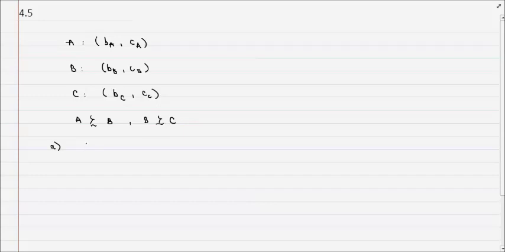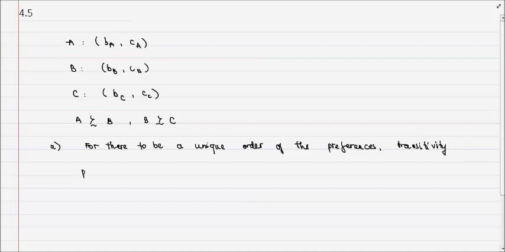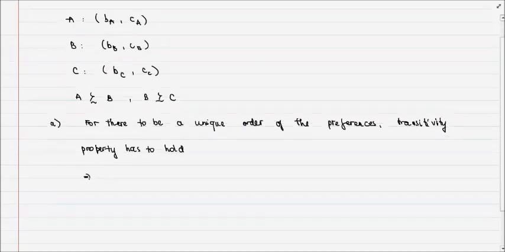So I would say for there to be a unique order of the preferences, the transitivity property has to hold, which means that if A is weakly preferred to B and B is weakly preferred to C, then A has to be weakly preferred to C. So this is the relationship between A and C: A has to be weakly preferred to C.